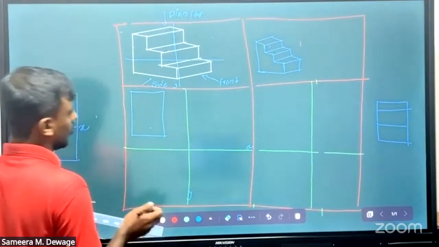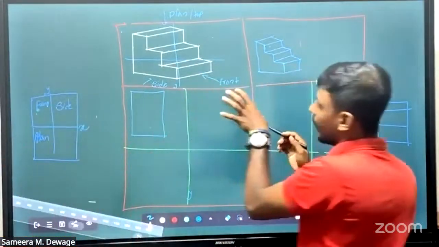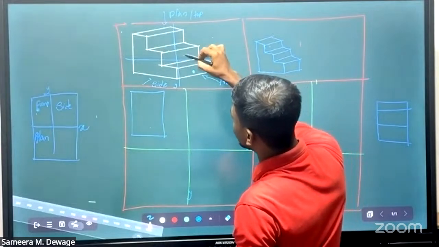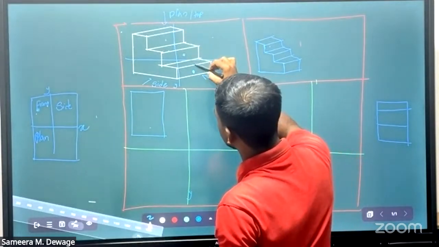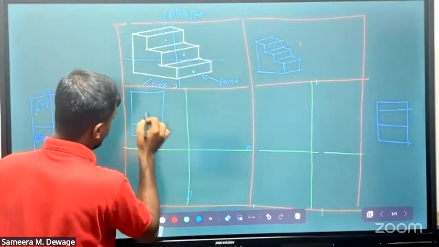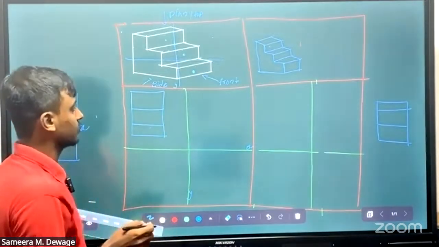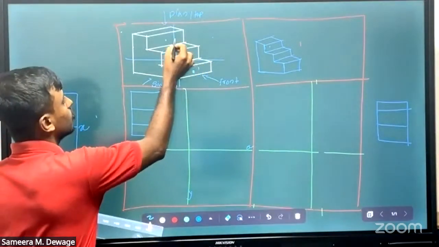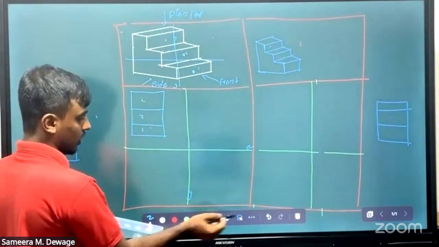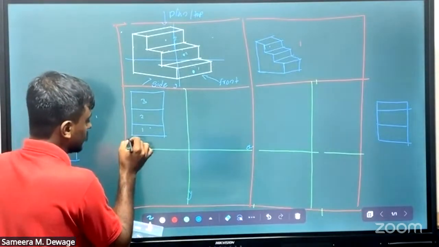If you look in the front direction perpendicularly, you can only see this part and this part. These are visible lines, edges. So only these you can see: 1, 2, 3. Here 1, here 2, and 3. Okay, right. So then this is the front view.